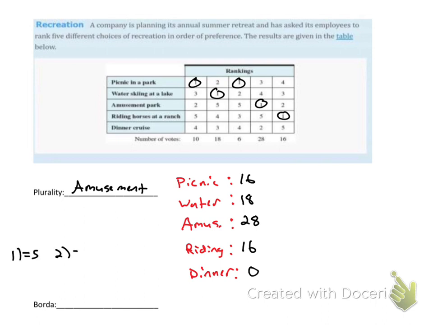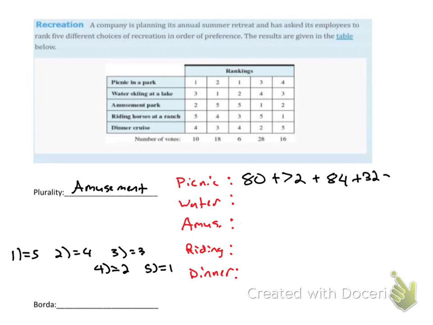For the Borda method, we apply points. Since there's 5 options, 1, 2, 3, 4, 5. First place votes, you multiply by 5. Second place votes, you multiply by 4. Third place, multiply by 3. Fourth place, multiply by 2. Fifth place, multiply by 1.